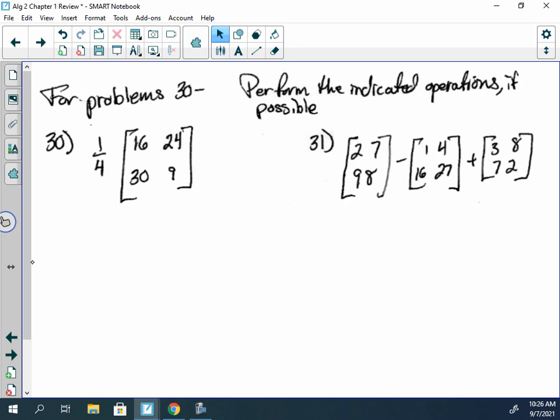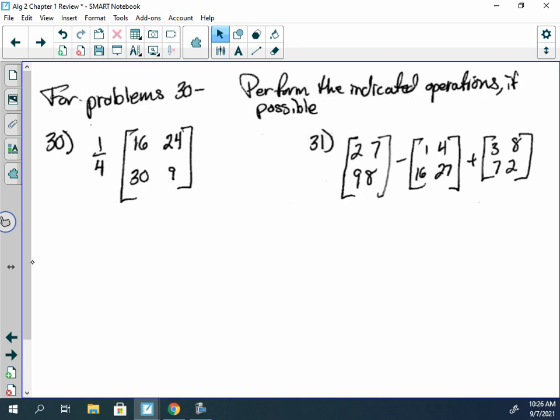So any question on these two here, our first two with our matrix operations? We good with these here, multiplying by a scalar, addition, subtraction? Because we can also do what? We can plug these into the calculator.